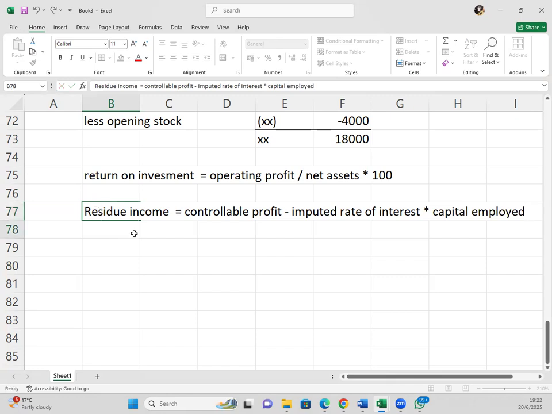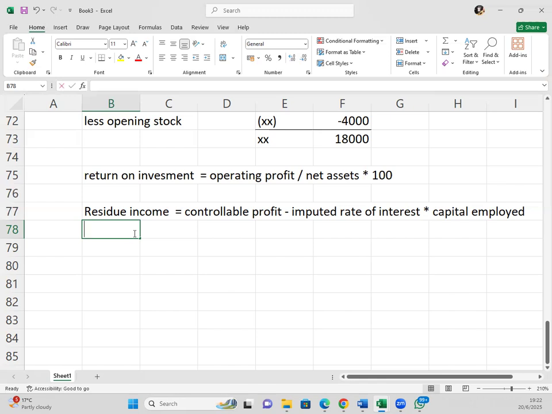So knowing the formula of residual income, how does it help us? The profit in the residual income is the same profit that we need for return on investment. So we are going to use the formula for residual income to work out the profit that we are going to use to calculate return on investment.